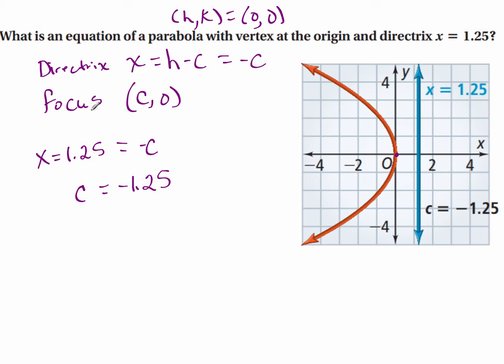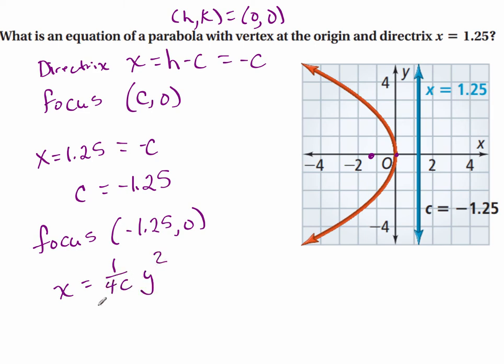To find the focus, it's (c, 0). So the focus is going to be (minus 1.25, 0). So that's going to be right about there. What's the equation? Well, the equation is x equals 1 over 4c y squared.